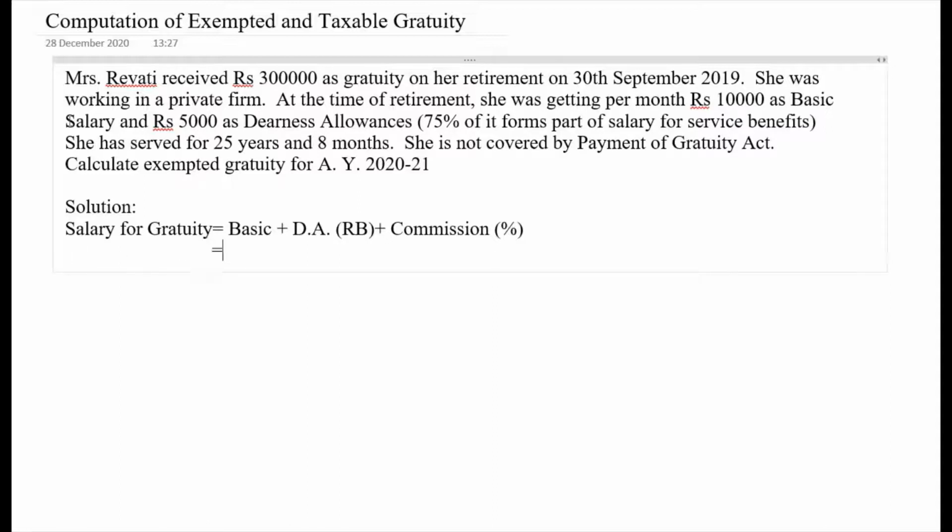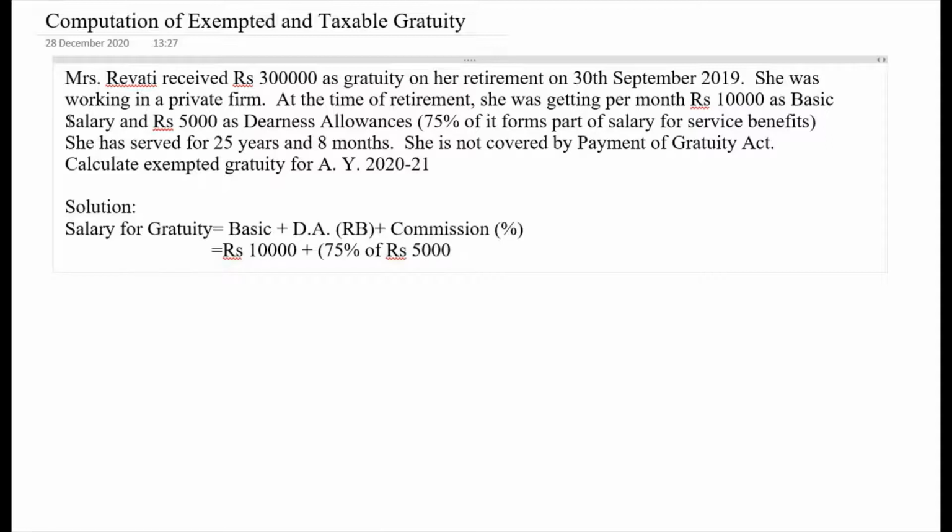Now here she is not covered under the Payment of Gratuity Act, so we should take the average salary. There is no change in her salary in the past 10 months preceding the month of retirement. So the average salary will be the monthly salary itself: rupees 10,000 plus 75% of rupees 5,000.